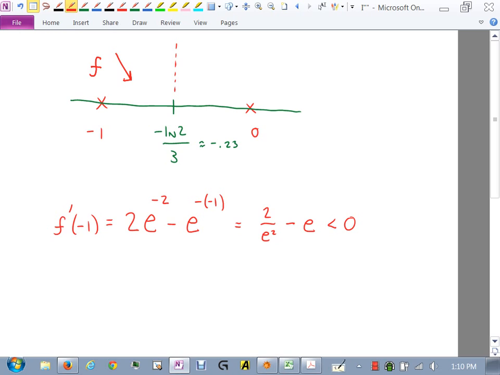Then I plug 0 in. 2e to the 0 minus e to the 0 is 2 minus 1, which is 1, which is greater than 0. Positive means the derivative is sloped up, so the original function is going up there.